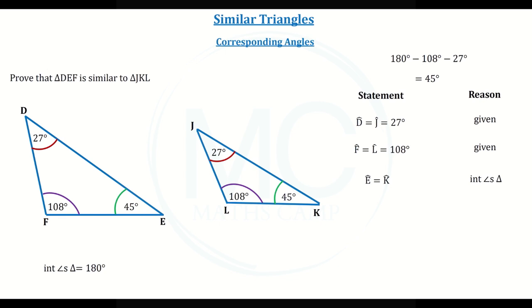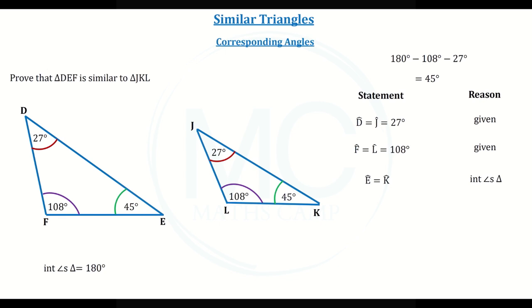We also know that angle F is equal to angle L, which is 108 degrees. These triangles now have two pairs of corresponding angles that are equal. We also found that angle E is equal to angle K because both triangles have an angle of 27 degrees and an angle of 108 degrees, which means that E and K must both be 45 degrees.